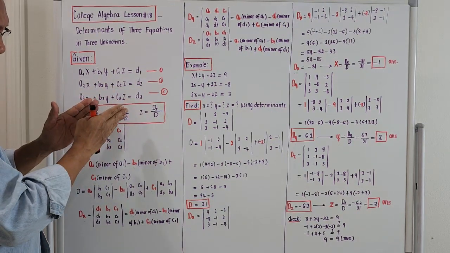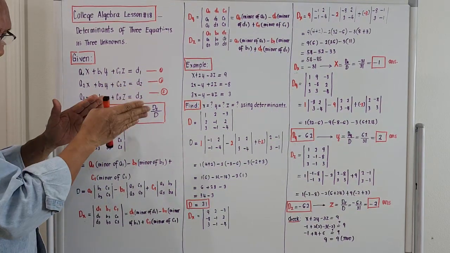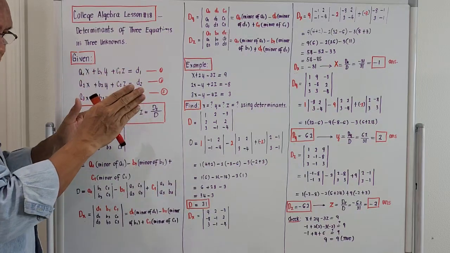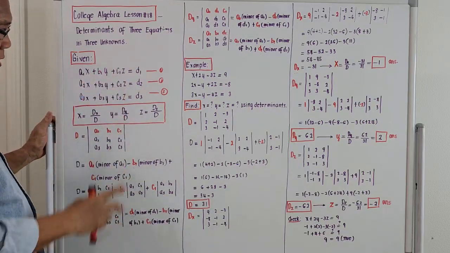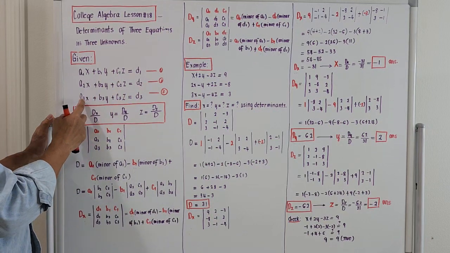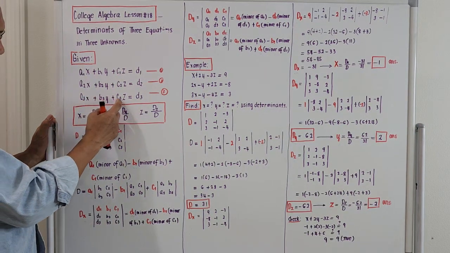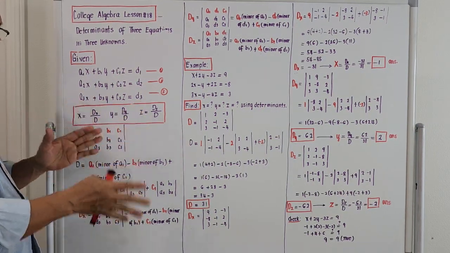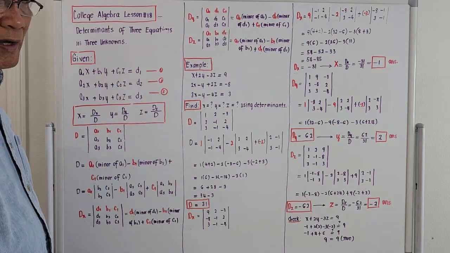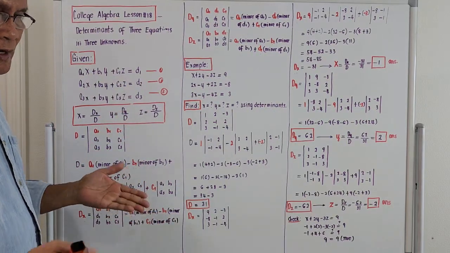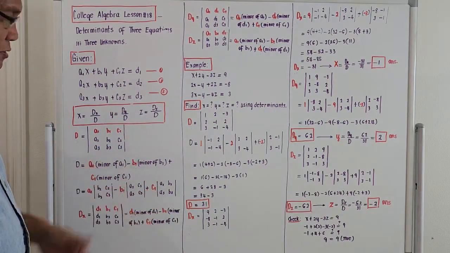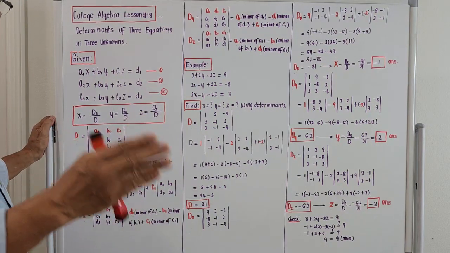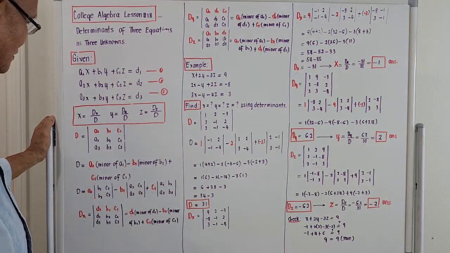Meaning to say, equation number 2 coefficients are different from the coefficients of equation number 1. For equation number 3, the subscript is 3. So all the constants are different. We are lucky if there are some equal constants. Okay, let's try to bring out the solution of this by using determinants.